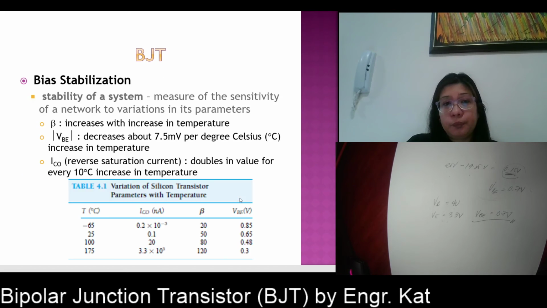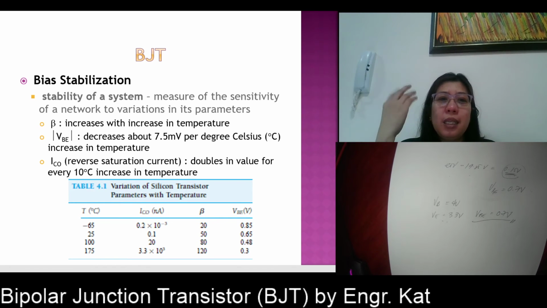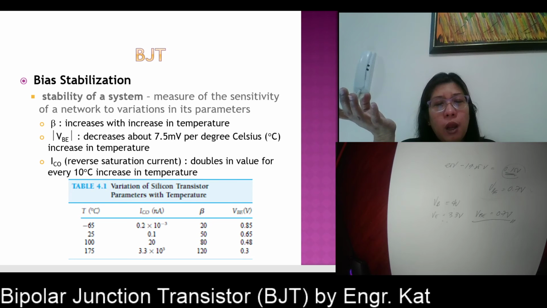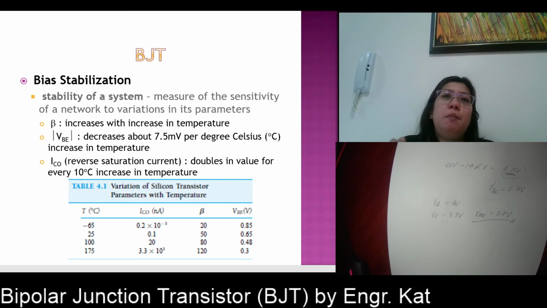Okay? So aside from that, we have the bias stabilization. For DC analysis, we are establishing the stability of your system. And we have so far concluded that the most stable among your configurations is the voltage divider configuration.